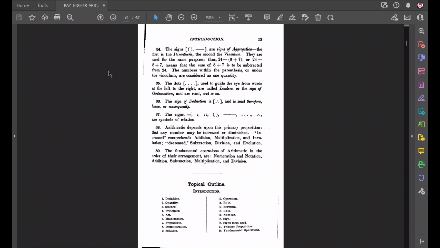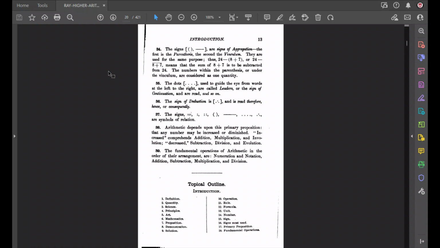Article 34. We're getting into some things where some of the symbols aren't really used anymore. Article 34, we're taught the signs of parentheses. We're told in Article 34, the signs of the parentheses and the vinculum, that's what the straight line is called.